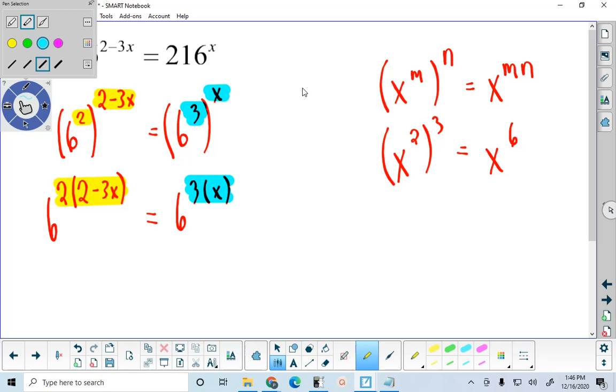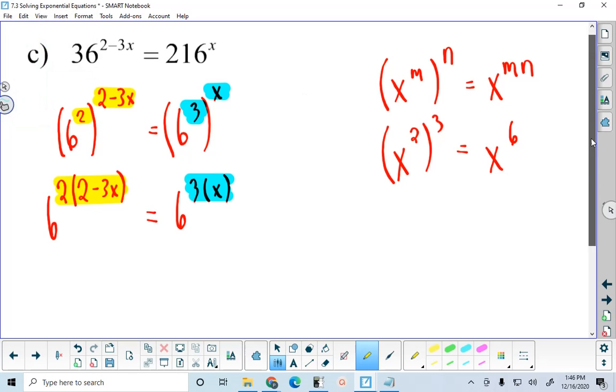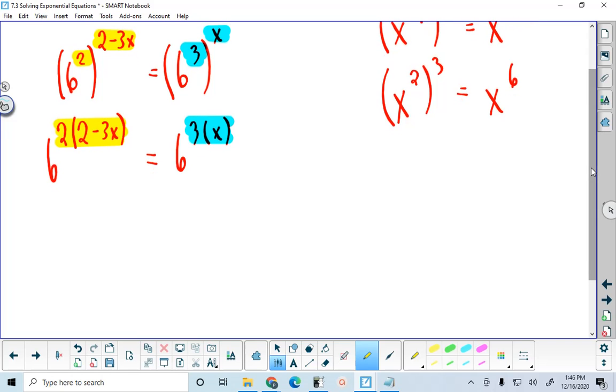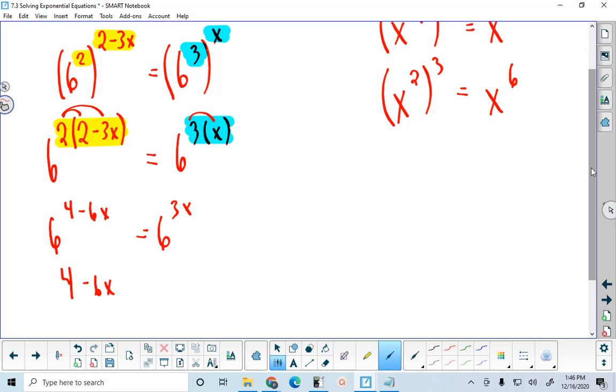Now we can drop the exponents. You could multiply that stuff out first if you wanted to. Let me show you what I'm referring to here. You could now say 6 to the 4 minus 6x equals 6 to the 3x. Right, I'm multiplying through. And then you could drop the exponents and get that.